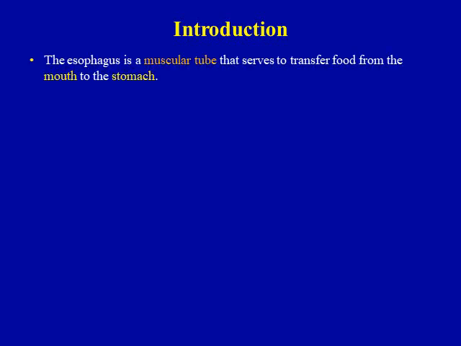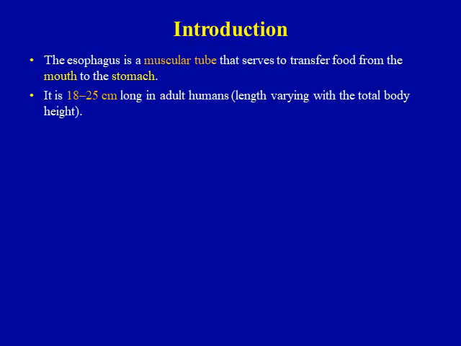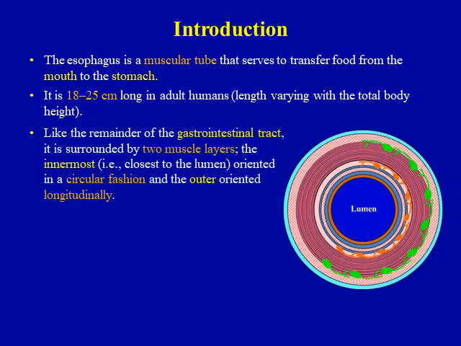The esophagus is a muscular tube that serves to transfer food from the mouth to the stomach. It has a length of about 18 to 25 centimeters, and the length varies with the height of the person, so tall people have longer esophagi and the opposite is true.